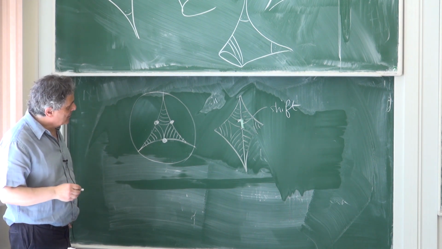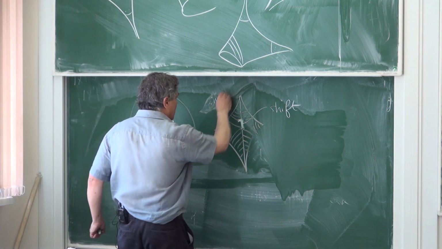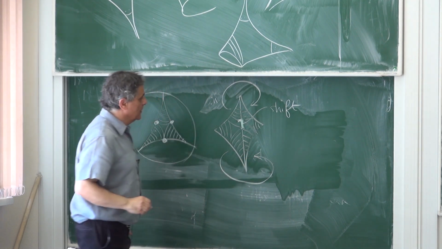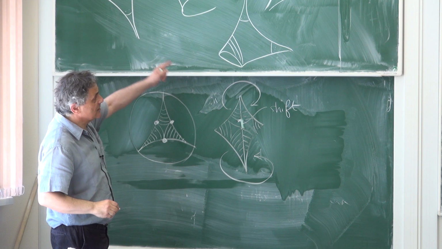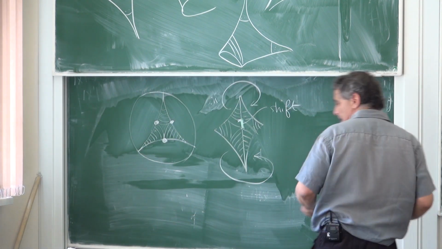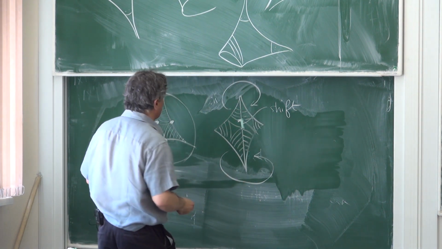And then I'm gluing this to this, and this to this, to get something which is topologically a sphere with 3 punctures.